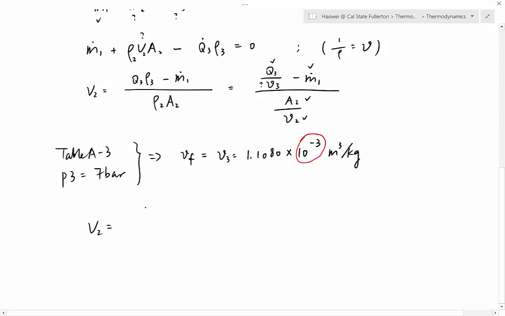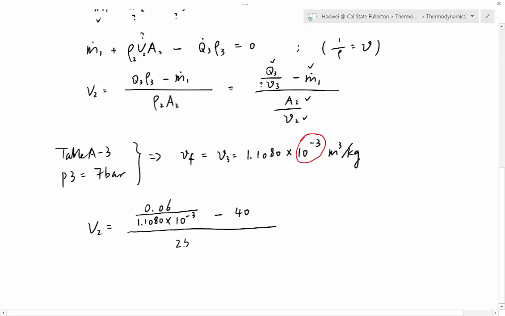Q3 is given, that's 0.06 SI unit, divided by nu 3. We just found nu 3, 1.1080 times 10 to the negative 3, minus m dot 1. M dot 1 is already given, 40 kilograms per second, SI unit, and then divided by A2.